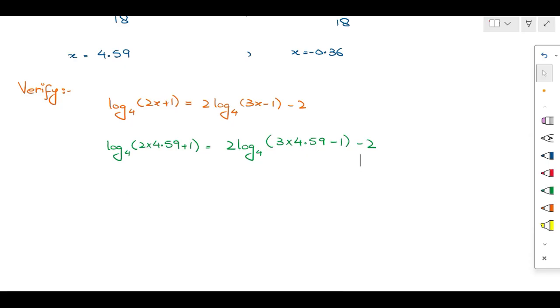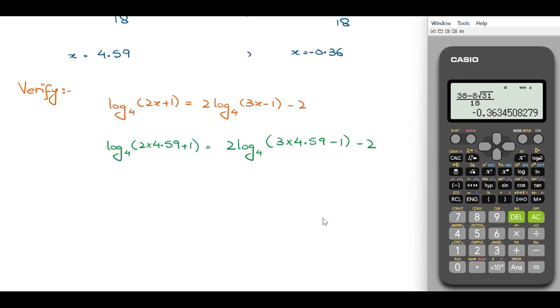Okay, sorry, log base 4 of 2 times 4.59 plus 1.